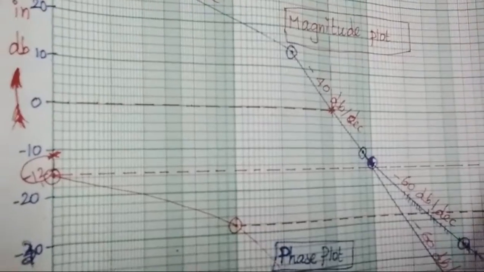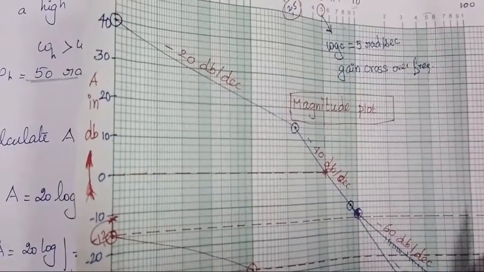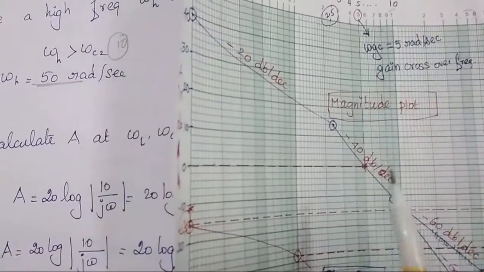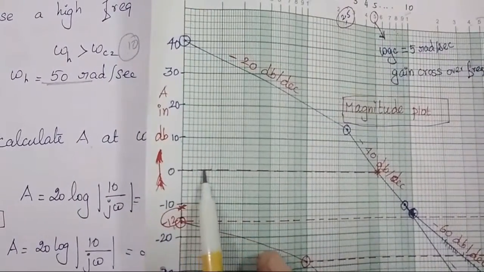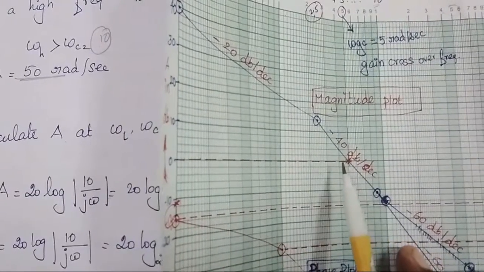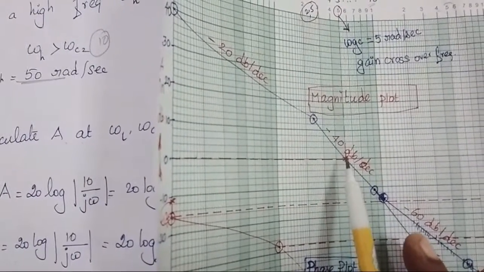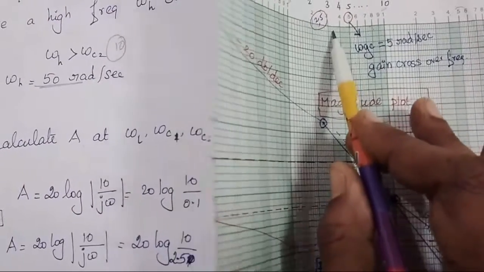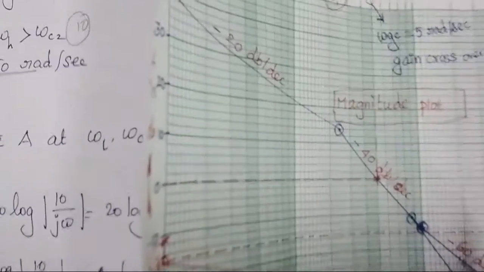See here how to find the gain crossover frequency from the magnitude plot. Simply take a reference 0 and make a dotted line. Where the dotted reference line cuts the magnitude plot, the corresponding frequency is the gain crossover frequency.